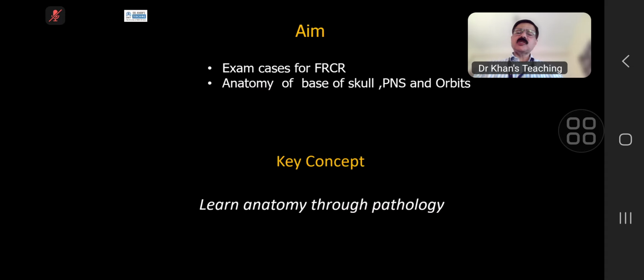Repetition is extremely important. Base of skull is a difficult part of anatomy. So I'm sure by end of this session, you will be masters of base of skull. So we will repeat and repeat and repeat. So let's start with the first case.